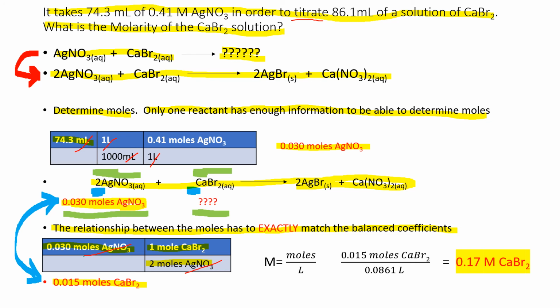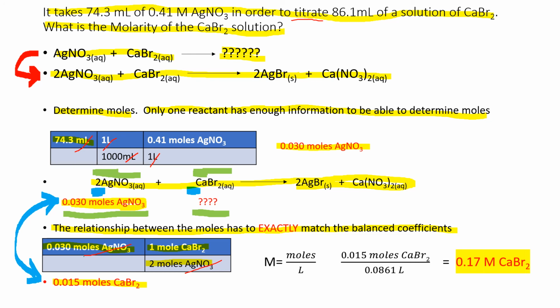Now sometimes people get excited, even though this was the key part what we just did, figuring out the moles based upon the balance coefficients. We didn't actually answer the question the problem posed yet. The question that the problem actually posed is, what is the molarity of the calcium bromide solution? I have enough information to deal with that now.